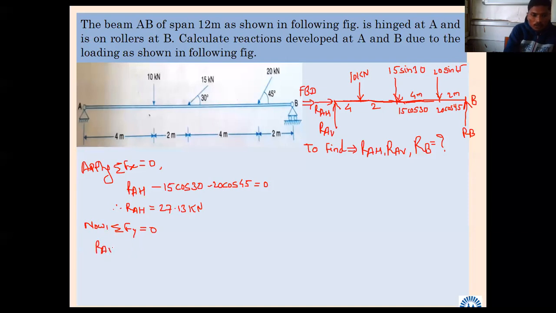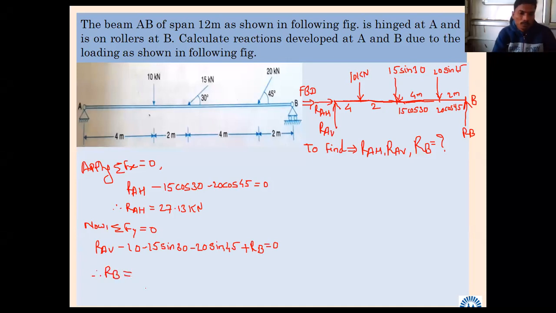R A V minus 10 minus 15 sin 30 minus 20 sin 45 plus RB equal to 0. Therefore, RB equal to how much?